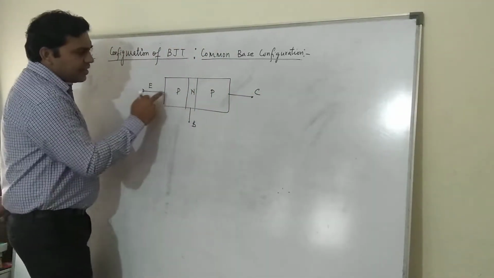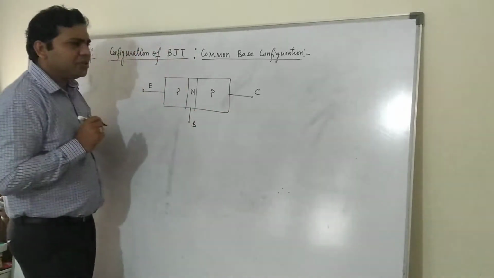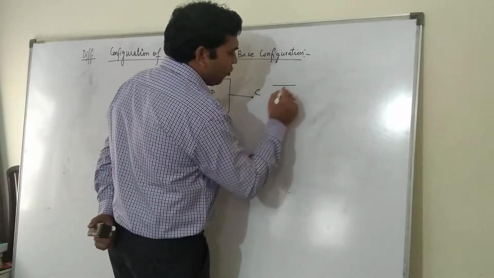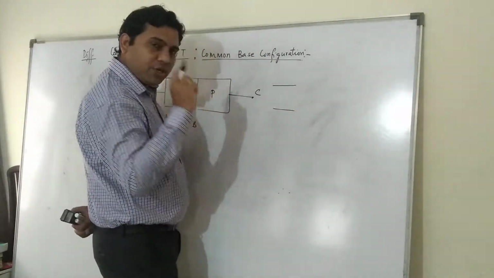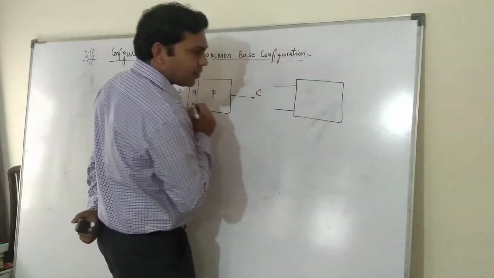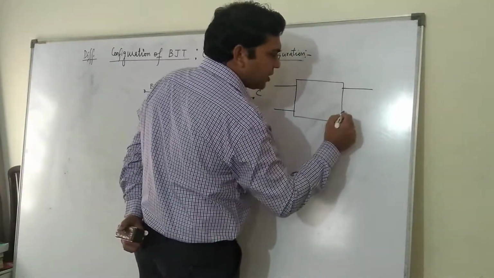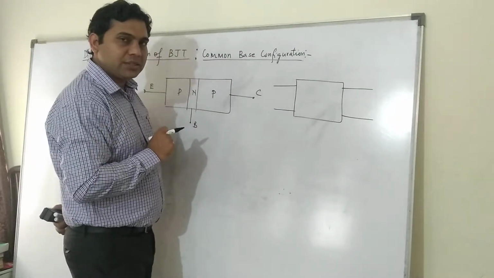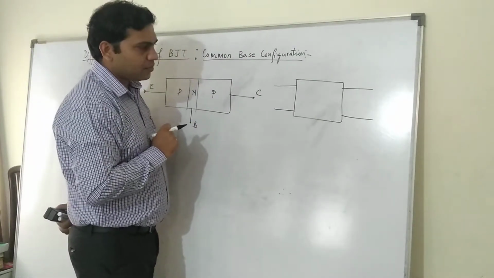Now this device has three terminals, and generally if you want to apply a voltage at the input, you need two terminals. Then you have some device, and you want to measure the output, so you need two terminals for that too.